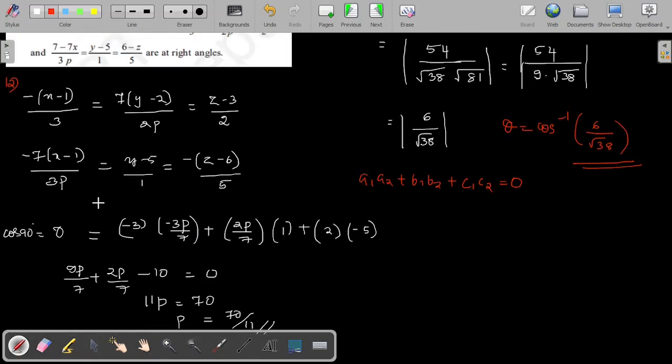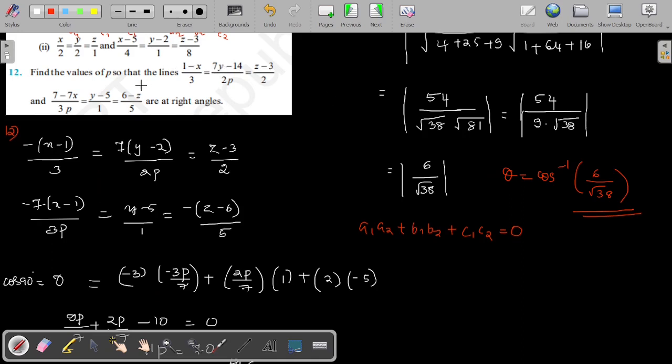Okay. So now you have to check whether they are in the standard form first. They are not in the standard form, x minus x1 by a, y minus y1 by b, z minus z1 by c. So I am taking minus common, so it becomes x minus 1 by 3. Here I am taking 7 common, y minus 7 by 2 is 14 by 2p. Then this is as it is because it is already in the standard form. Here I am taking minus 7 outside, x minus 1 by 3p.